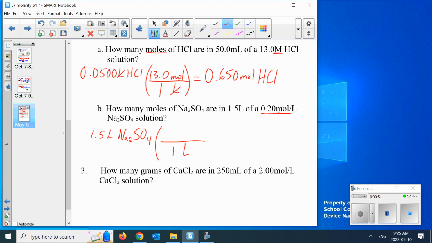I thought I'd write it this way with moles per liter instead of big M. Same thing. 0.20 moles over 1 liter. And then once again, I multiply 1.5 times 0.2. I get 0.3. Liters are gone. But I need to add a 0 for 2 significant digits. And that's moles of sodium sulfate.